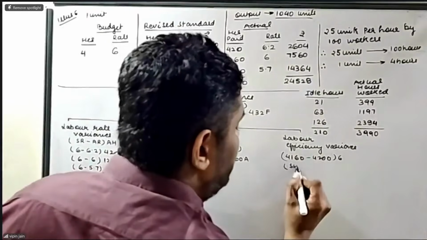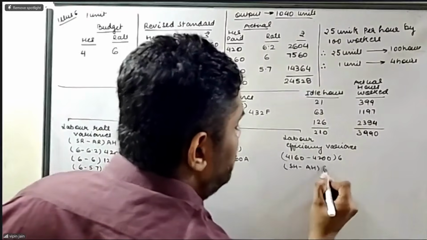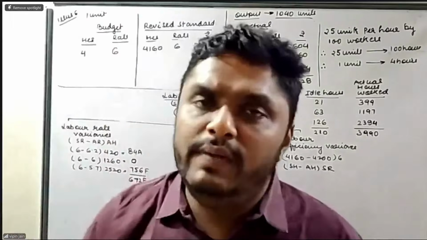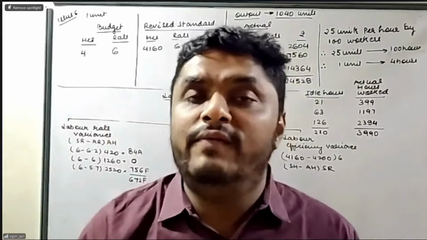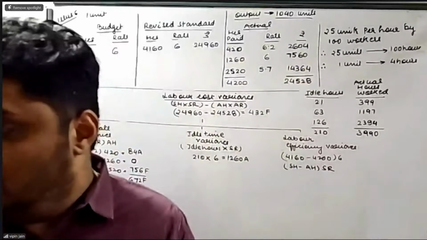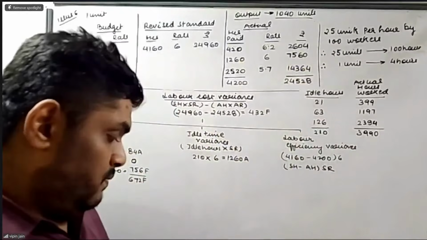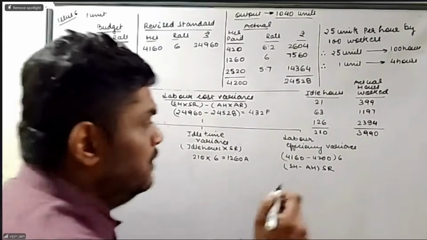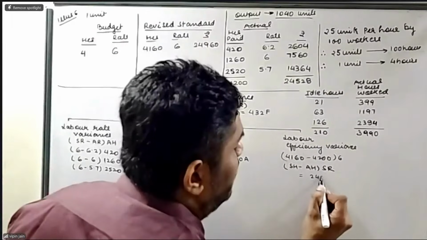That is standard hours minus actual hours into standard rate. Mix will not be calculated, yield will not be calculated. Mix and yield we calculate when there are two or more categories of workforce. So this will be 240 adverse.